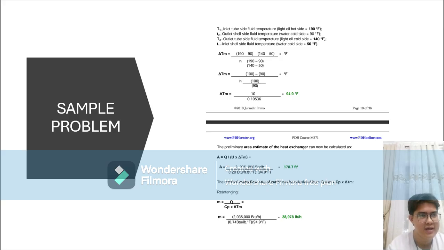And we can also get the required mass flow rate of water from the following equation. Q is equal to m times Cp times change in T subscript M. Rearranging that, since we have Q, Cp, and change in T_M, we get 28,978 pounds per hour mass flow rate.